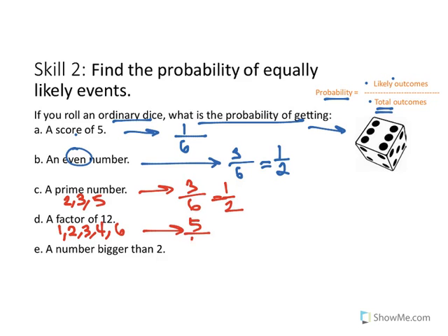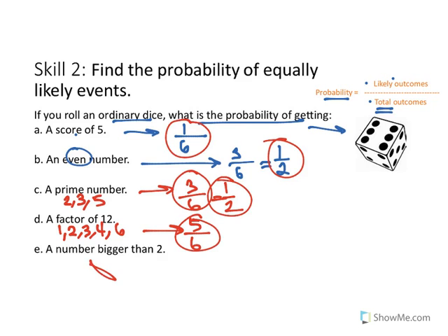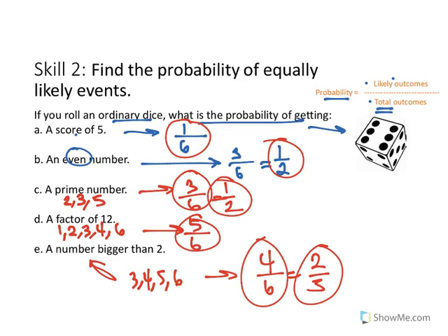That is 5 out of 6. And a number bigger than 2, not including 2. So that's 3, 4, 5, and 6. So it's 4 out of 6, which, by the way, is 2/3. And that's it.